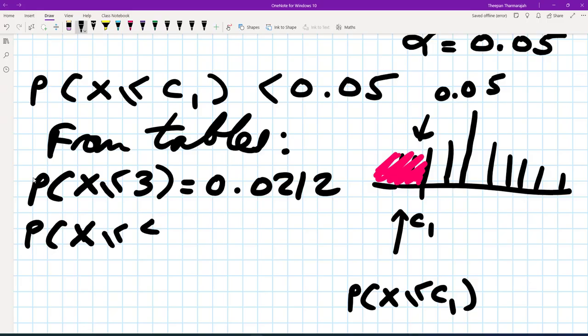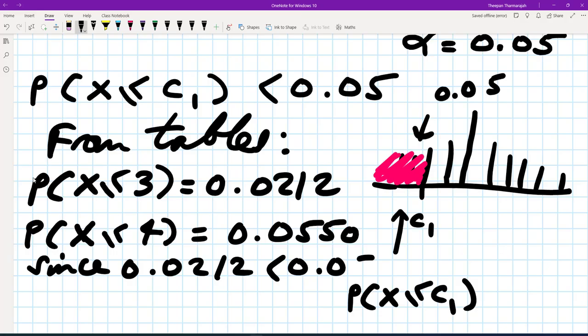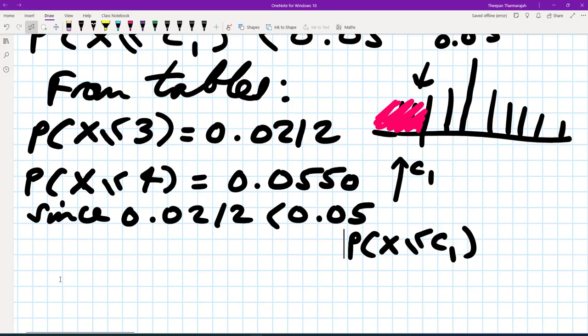So x is less than or equal to 4, and that value is 0.0550. So we can say since 0.0212 is strictly less than 0.05, therefore C1 is 3.